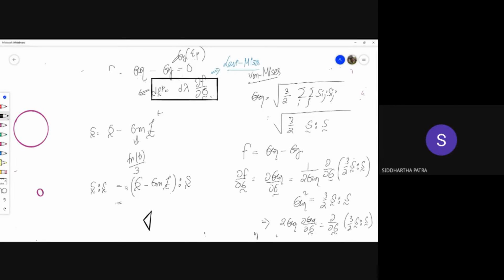I am not showing all the steps from this point onwards; so far I have shown them. Inner product is a linear operation, so you can use the distributive rule in it.